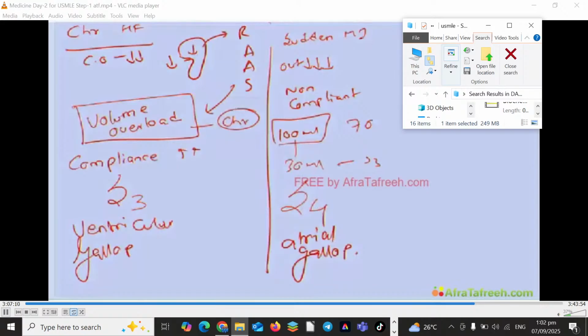Because a lot of your cardiology questions throughout your life will have gallop heart sounds, S1 heard, S2 heard, S3 heard. Now, why is it called a gallop rhythm? The guy who heard it thought it's like a horse galloping. Any and every heart failure in this world should have what? Should have tachycardia.